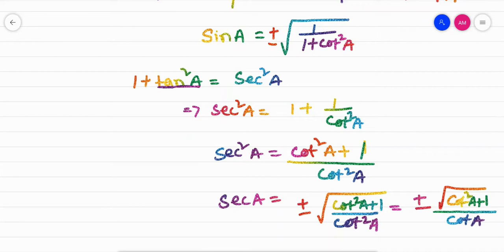Tan A. Tan A is equal to 1 by cot A. You all know. There is nothing more to say about this. And cot A is equal to 1 by tan A.